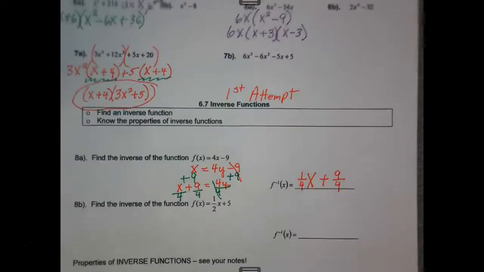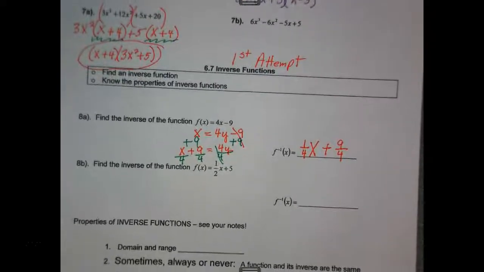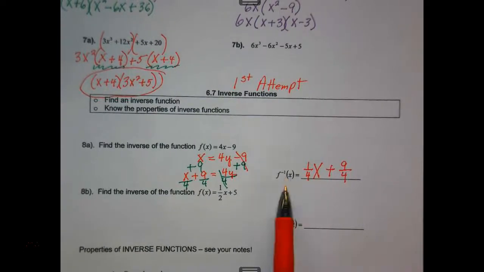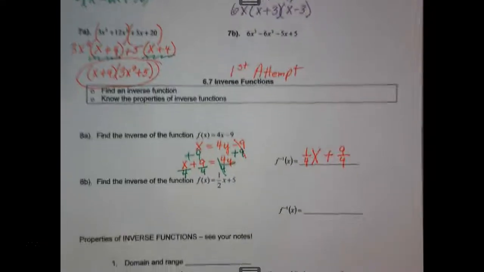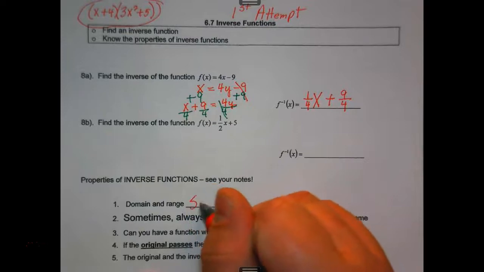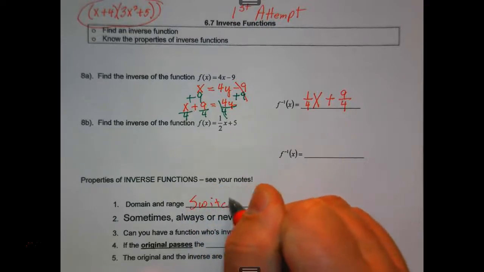And the last funner stuff here. Yes, sir. Well, it's already there. Yeah, that's the inverse function. Okay, some funner stuff here. What happens to the domain and range on inverse functions? They switch.